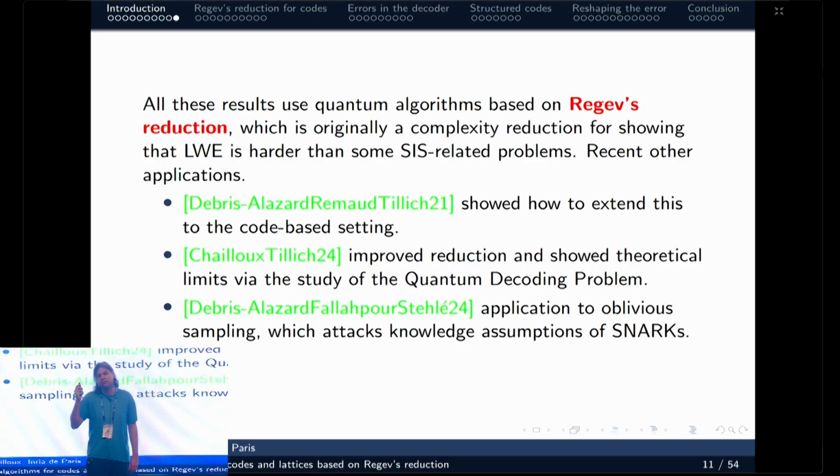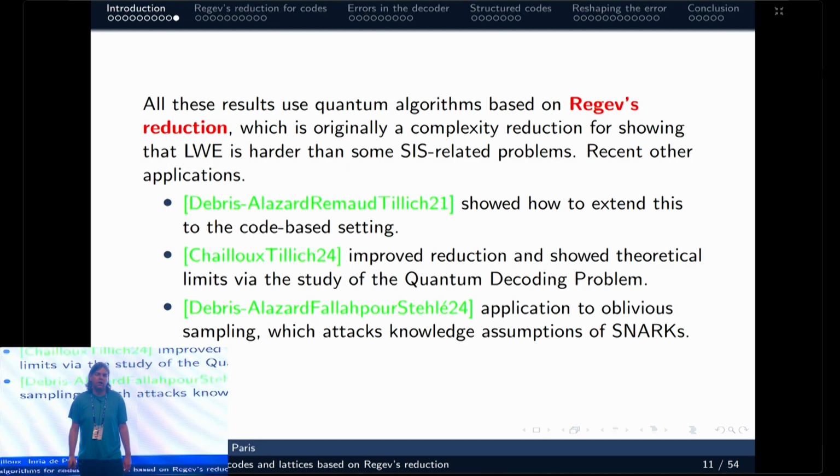Regev's reduction is from 2005, so it's a fairly old reduction, and it's one of the cornerstones of lattice-based cryptography. But it's not an algorithm; it's actually a complexity reduction to show that some learning with errors problem is harder than some lattice problems related to the short integer solution problem. And from this reduction there has also been more follow-up work.